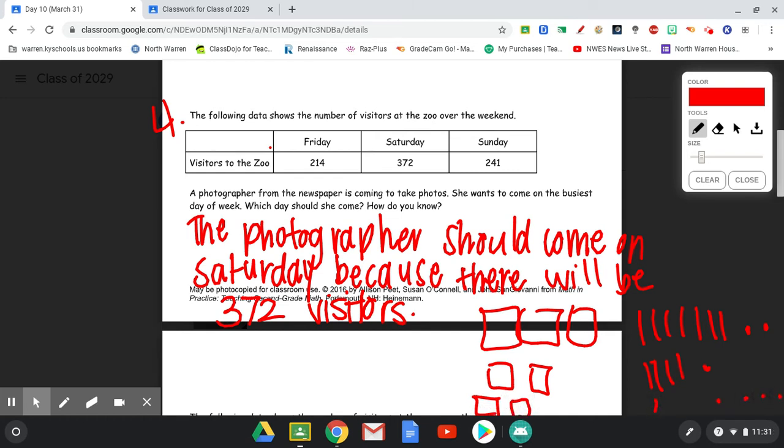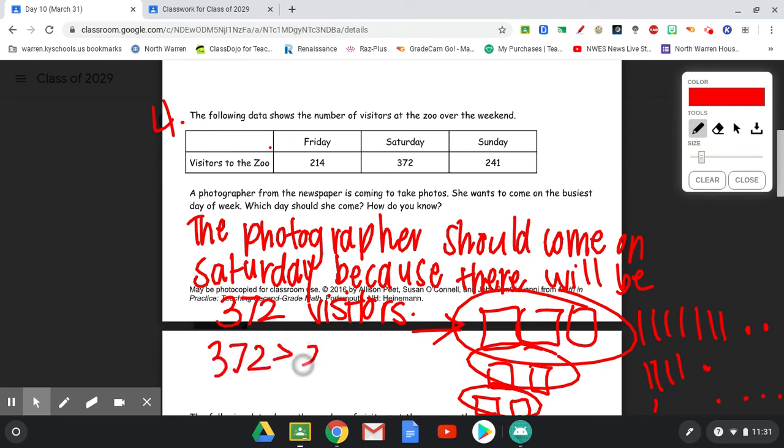Okay, now 214 may look like it has more because it has more ones, but we know that the greater value is the 100. So Friday and Saturday, they only have over 200 people, but Saturday has over 300 people. So I could show my work by this. I could also show my work by showing some comparison equations like this.